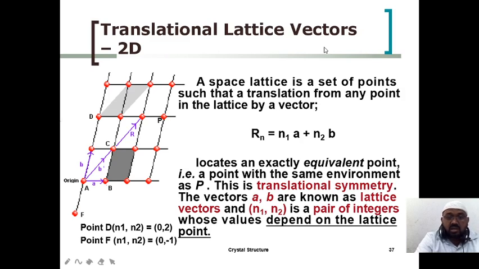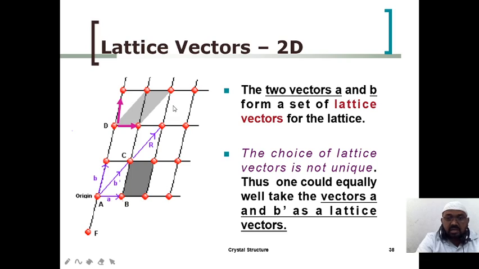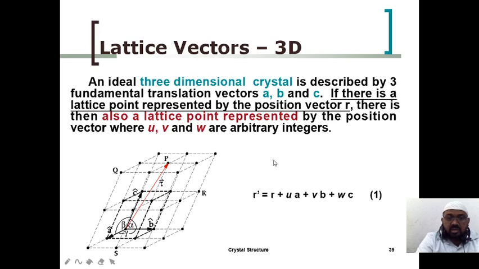Because whatever imaginary thing we have assumed should be proved mathematically. So this particular arrangement is given by the mathematical form Rn equals n1 a plus n2 b. This arrangement we call the translation lattice vectors. Two-dimensionally it looks like this, and three-dimensionally the structure will be like this.